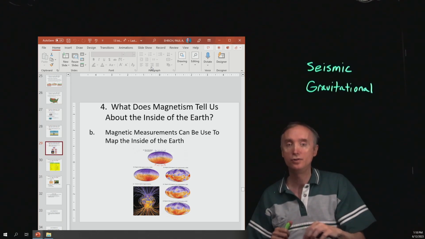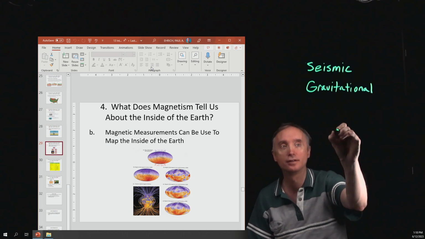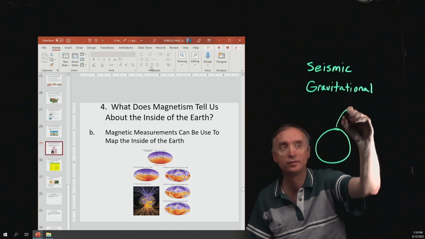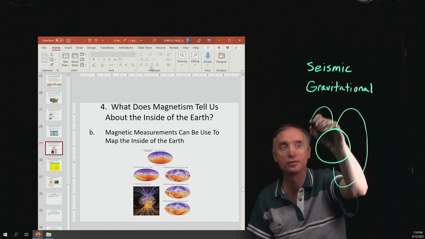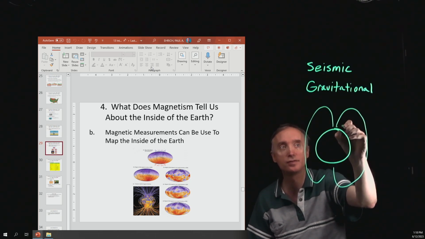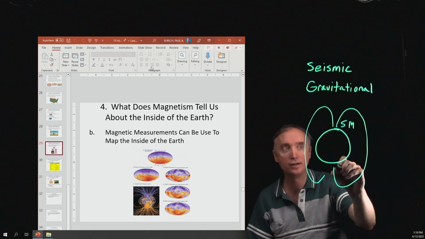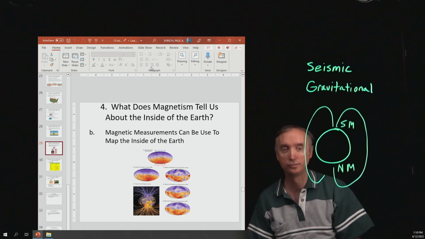We can also use magnetism to map the inside of the Earth. You would expect that the magnetic field of the Earth does something like this. Remember, this is a south magnetic pole up here, and down here this is a north magnetic pole.